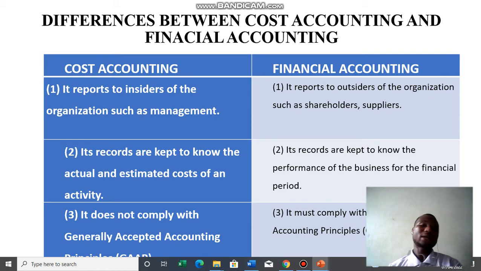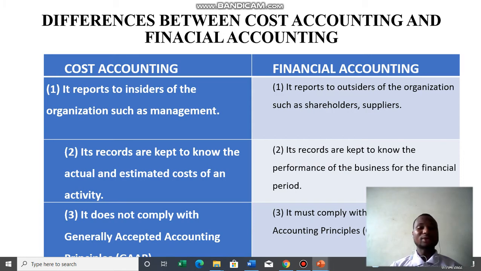So we're talking about shareholders, who are the owners of the organization. We are talking about suppliers. We can have your bankers. You can have regulatory authorities. You can even have students who would want information about financial accounting for their purposes of learning. All this information, financial accounting will give you. But the costing data doesn't go to you.